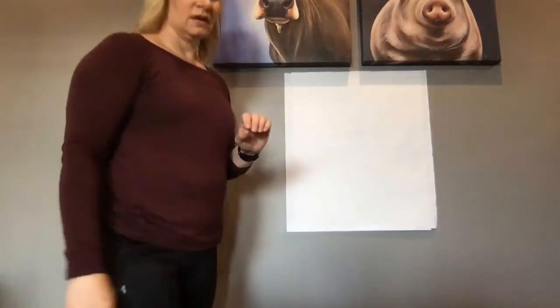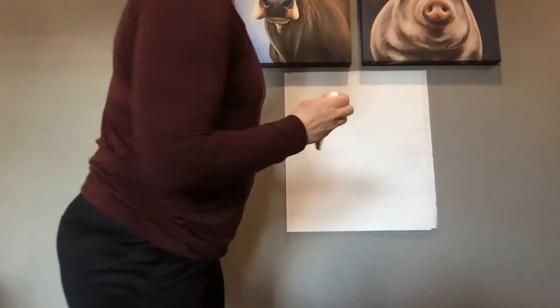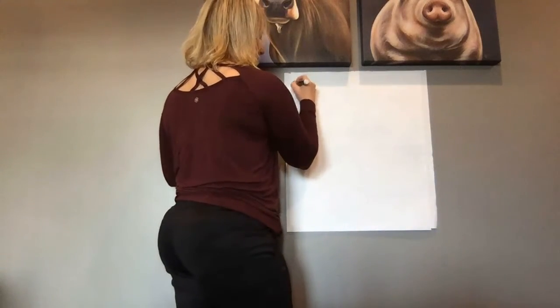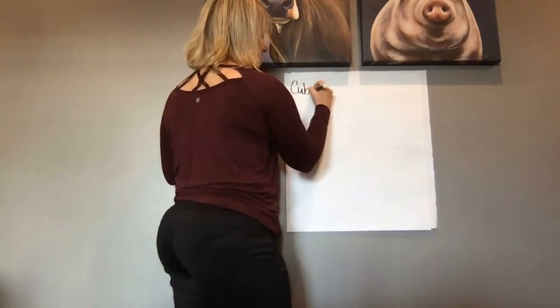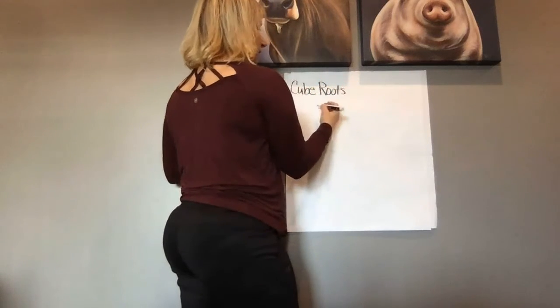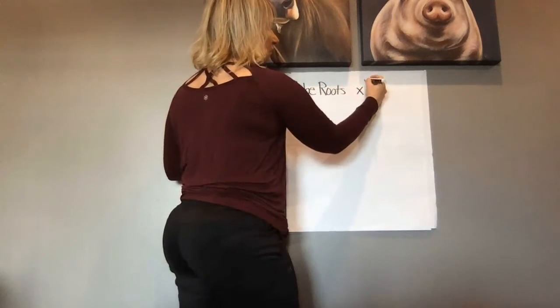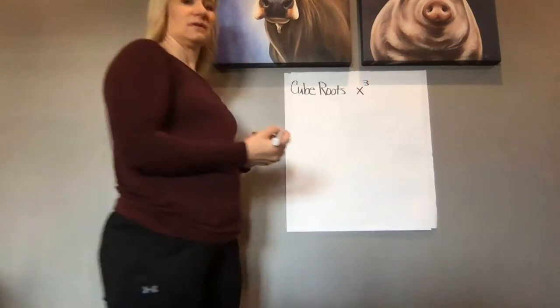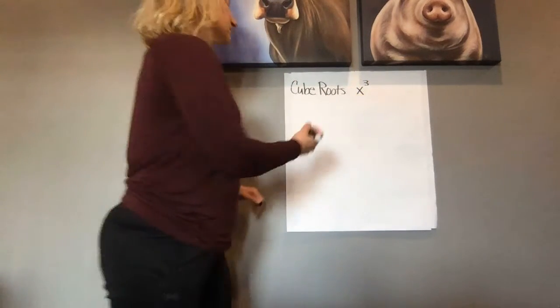So again, cube roots, I'll leave volume out of it for just a little bit. So cube roots mean it's a number multiplied 3 times. So it's the same number multiplied 3 times.